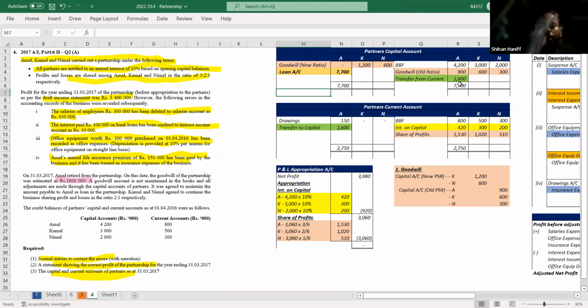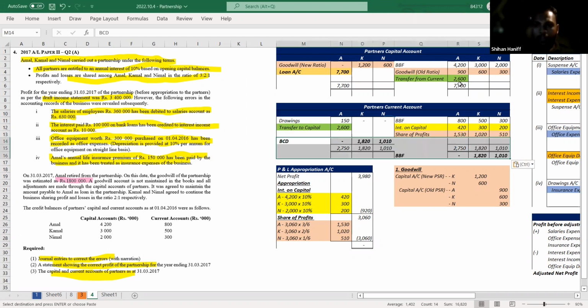Capital account balance we transfer to the loan account. That's it. Then you have to balance the rest of the question. Closing balance. Get the closing balances.